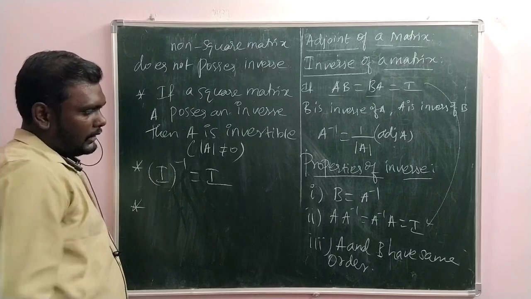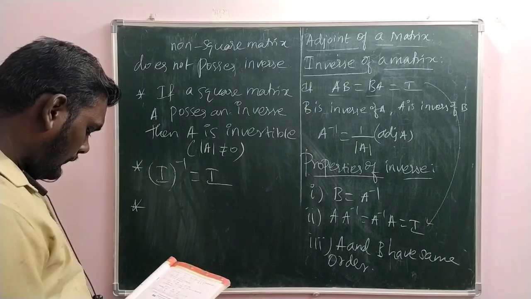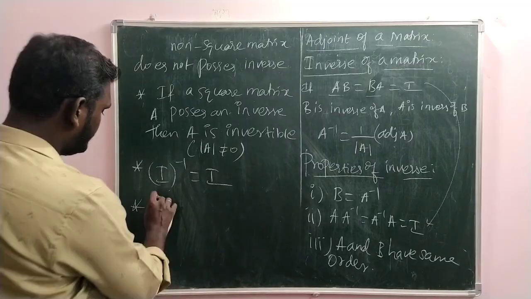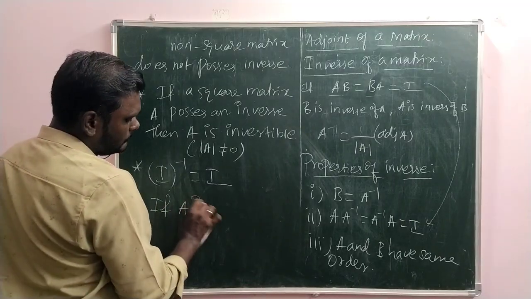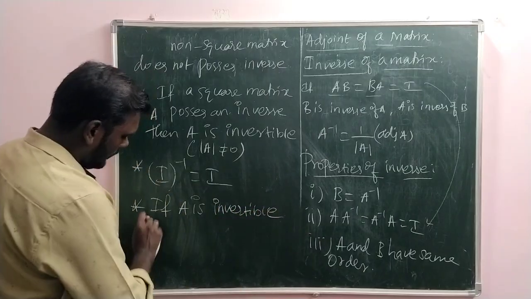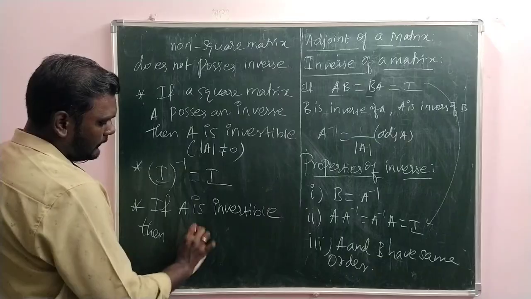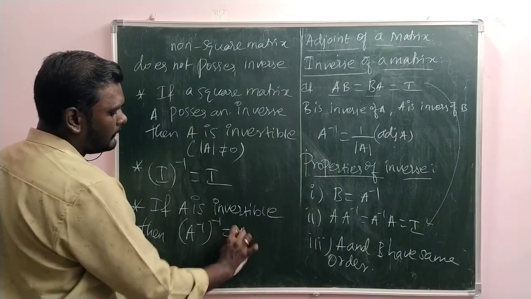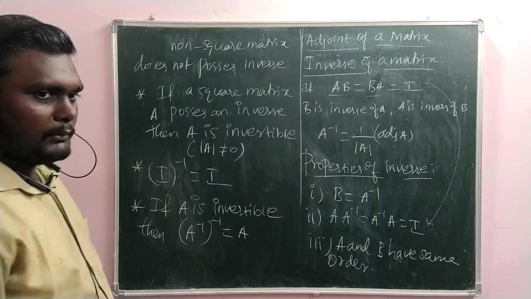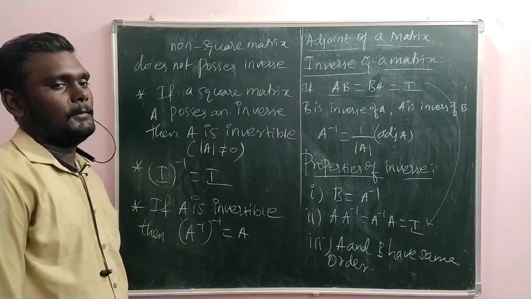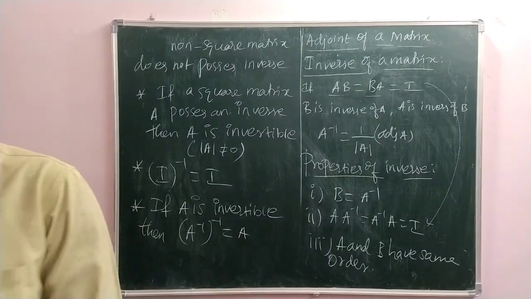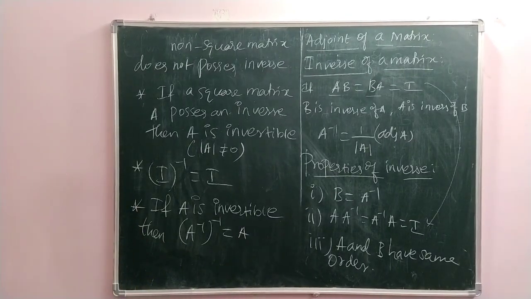And if A is an invertible matrix, then A inverse whole inverse is that matrix itself. Previously, we have seen the same kind of property. Remember, A transpose whole transpose is equal to A. In that order, A inverse whole inverse is A. Okay.